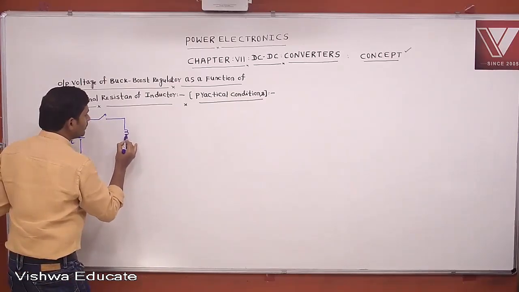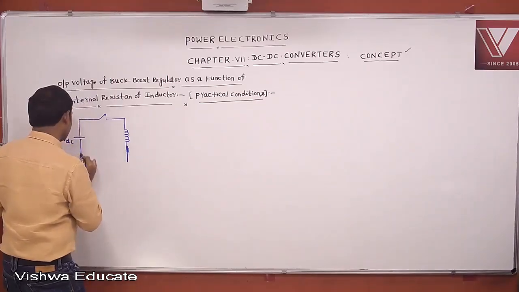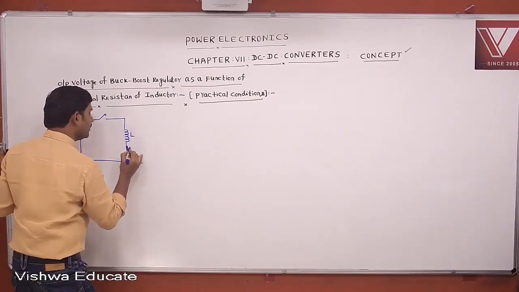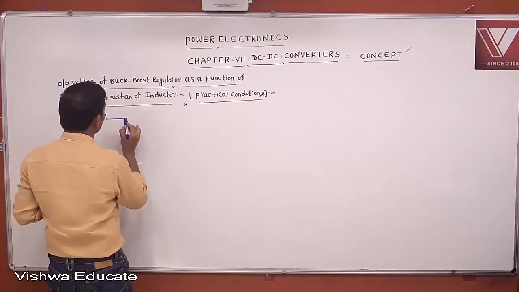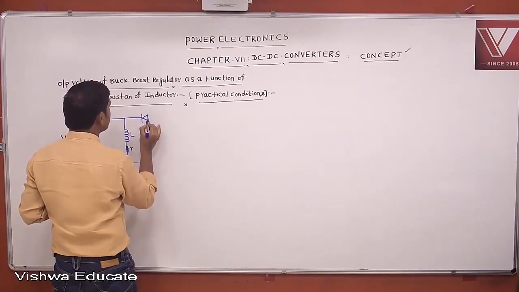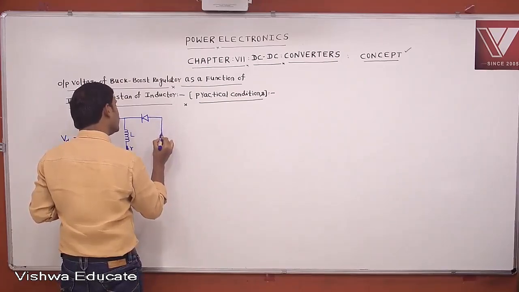And this is the inductance, and the resistance of the inductance is small r. This is L, this is small r, the internal resistance of the inductor. And this is the diode. This is the capacitor.